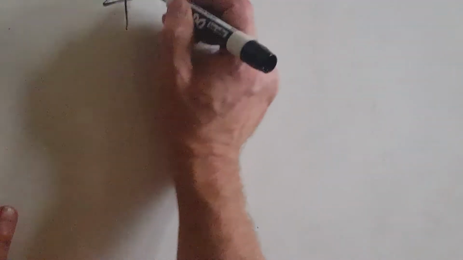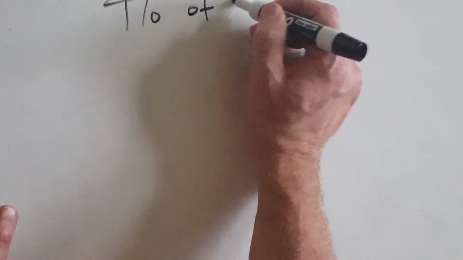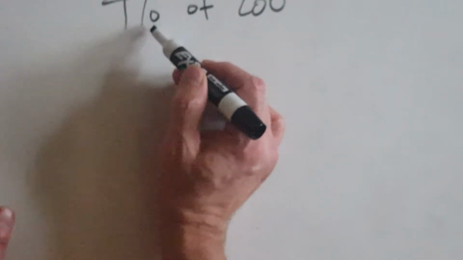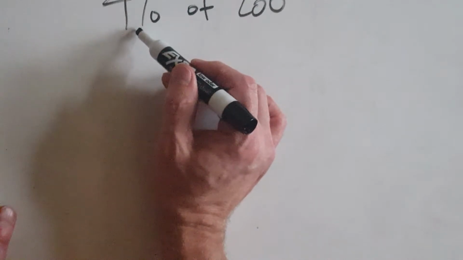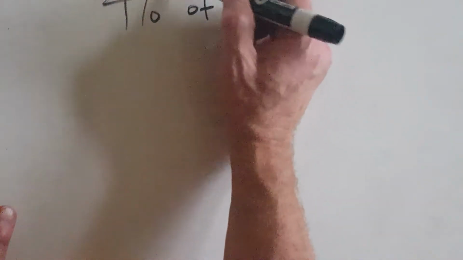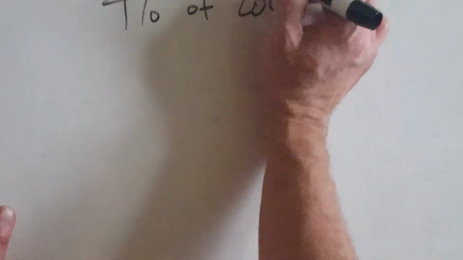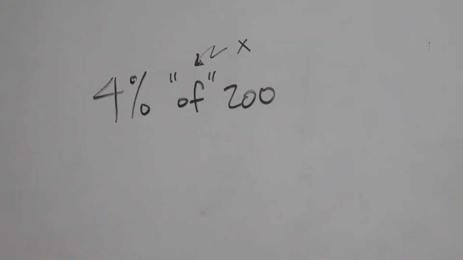Okay, so if we have, say, 4% of 200, the way that we can change this into a math problem is we can convert this to a decimal, and "of" means it's a multiplication problem, right?